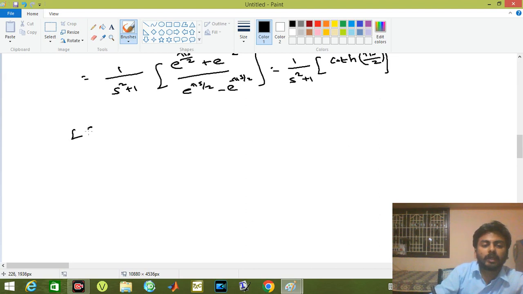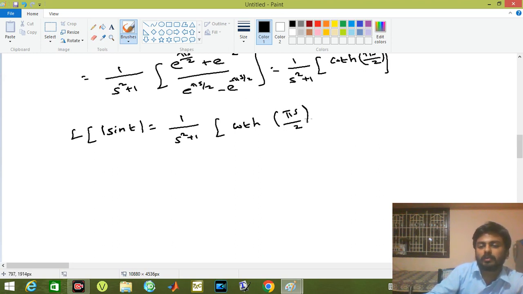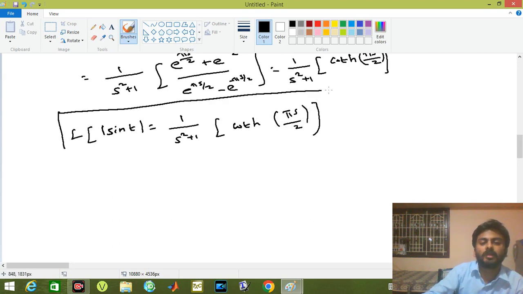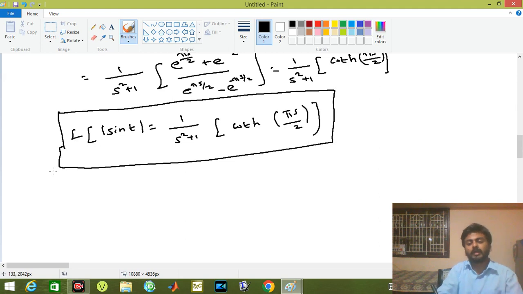Therefore L of modulus of sin t equals 1 divided by s square plus 1 into coth of pi s by 2. I shall tell you the expressions now.